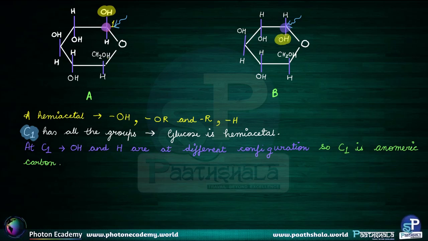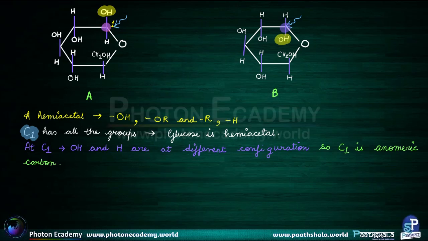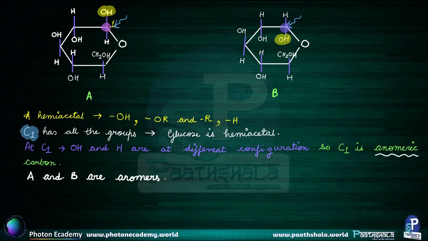So, having decided all this, I can clearly say now that my A and B structures are anomers, also because at C1 I can see a different configuration of OH at both the cyclic structures.